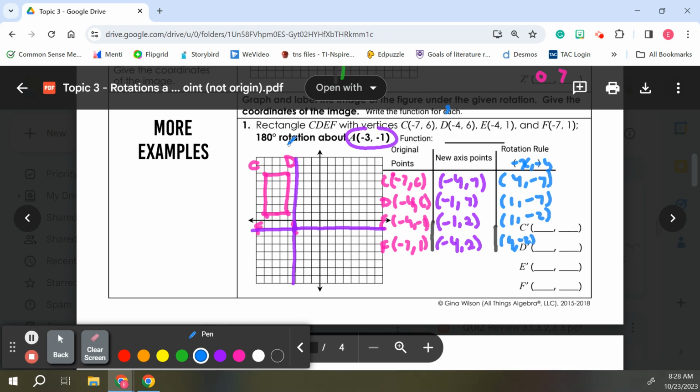So I'm going to plot these points and see if they landed correctly. So 4, -7. I'm going to plot them using the purple grid. That would be C prime.